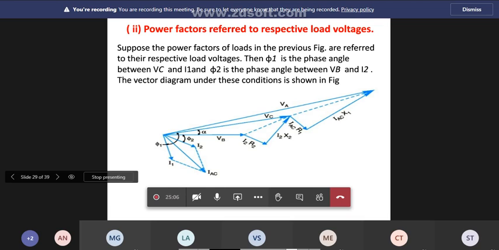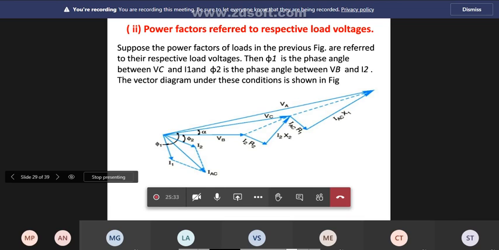So theta 1 minus, sorry, phi 1 minus alpha, phi 2 minus alpha.